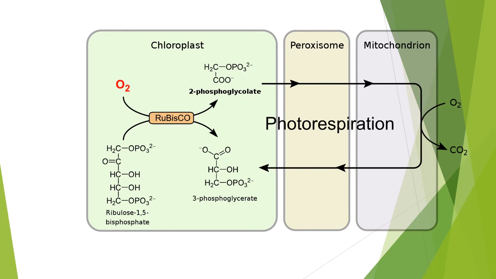This glycolic acid or phosphoglycolic acid is not good for the plants in the long run, because photorespiration does not produce ATP, rather it consumes energy. During photorespiration, ATP and NADPH both are consumed. And during photorespiration, there will be 25% loss of fixed CO2, which the plant absorbed at the time of photosynthesis.